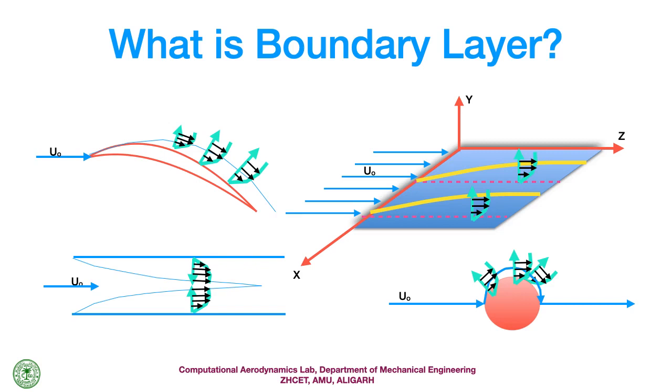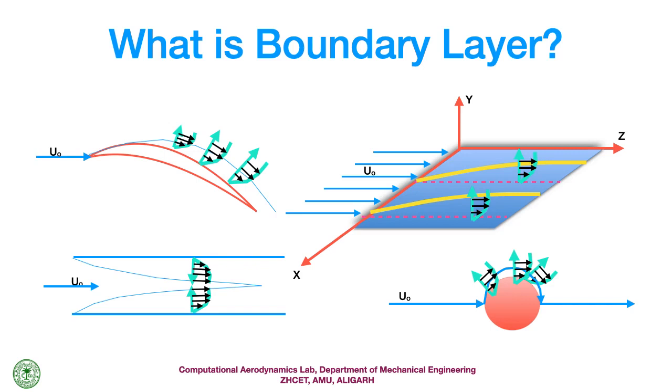This inviscid flow region becomes thinner and thinner, and the viscous dominated region grows, and at the point where these two viscous boundary layers meet, the whole pipe is basically viscosity dominated. After this point, the flow is a fully developed flow.